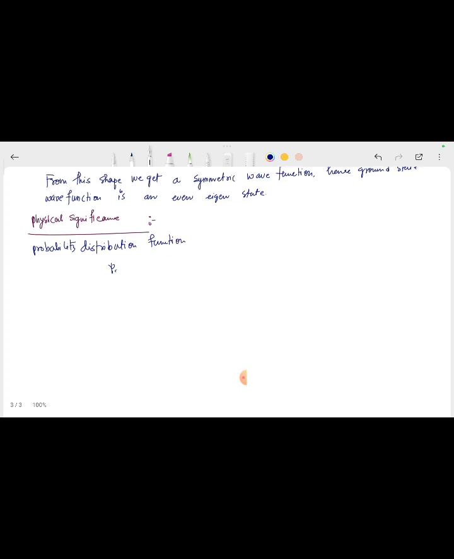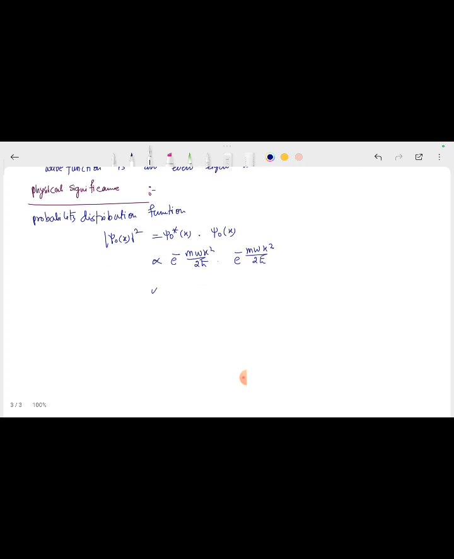We know the probability distribution function is the mod square of psi 0 of x. So this is psi 0 star of x into psi 0 of x. So it is directly proportional to e to the power minus m omega x square upon 2h cut into m omega x square upon 2h cut, that is, e to the power minus m omega x square upon h cut.